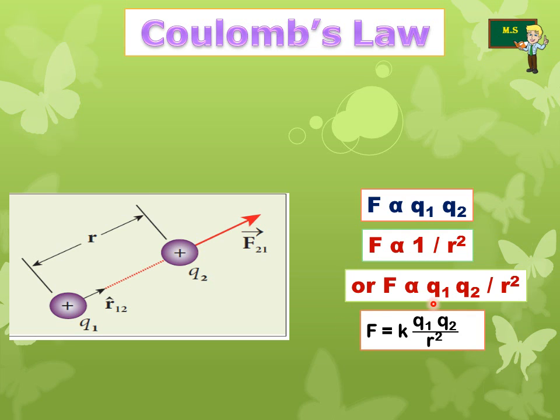I think you can see the equation well. F is directly proportional to Q1 Q2 divided by R square, because the distance R is inversely proportional to the force, and we equate the equation using a constant K. So F is equal to K Q1 Q2 divided by R square.